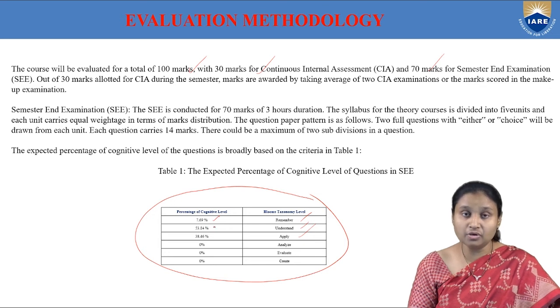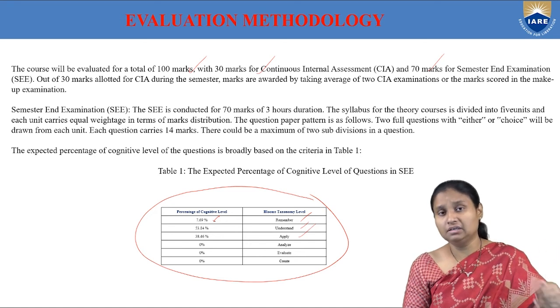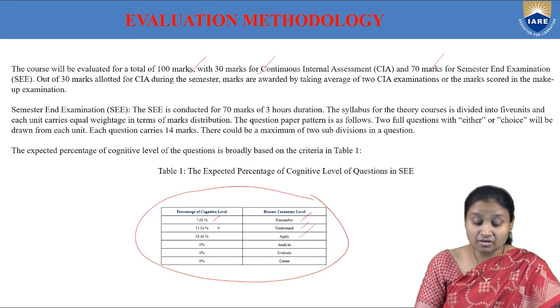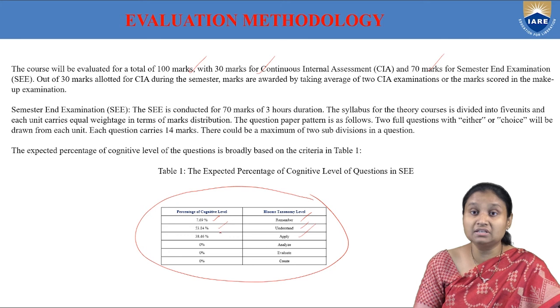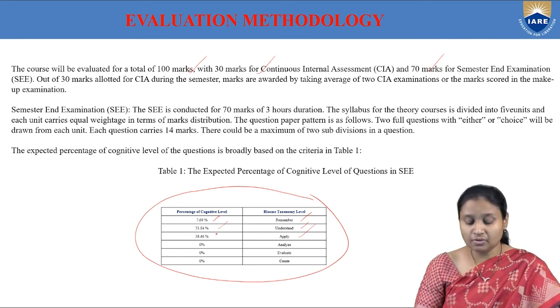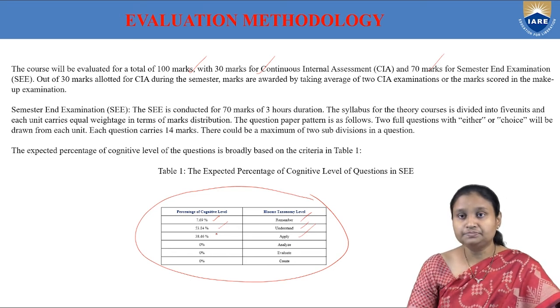It is for remember only 7.69, where they are going to remember basics that were learned in their previous level of education. And then understand level, which is around 54 percent, and then application level, which is around 40 percent. So they are going to focus more on these. This is for first year graduate students.